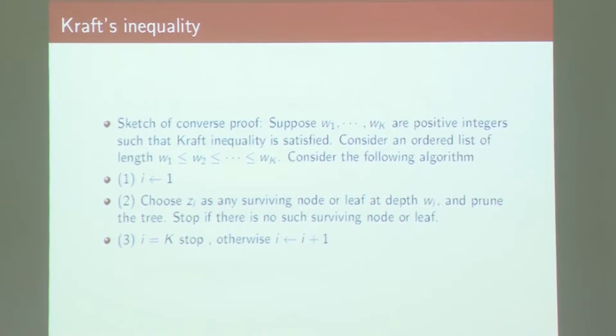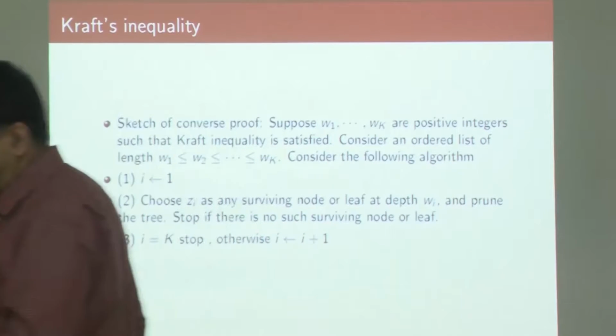I am first arranging them in ascending order. I will tell you why this is important: I do not want to delete the same set of leaves twice. What would have happened if I had not started with the smallest length?